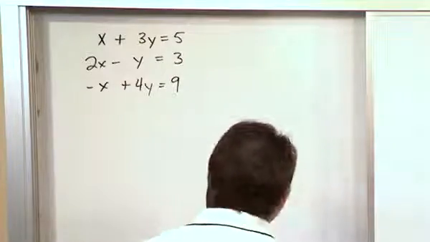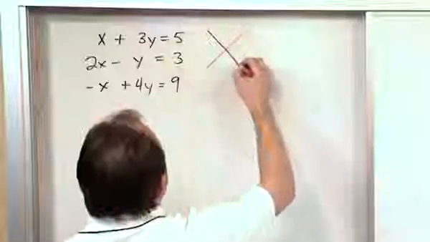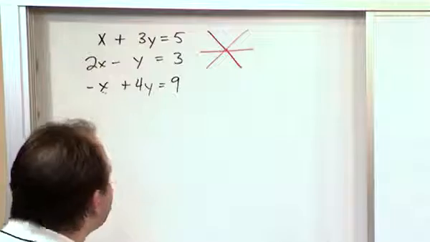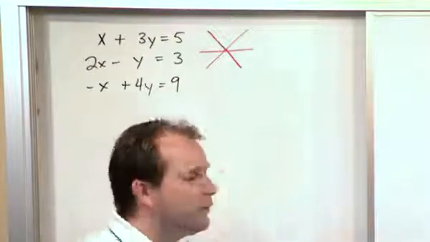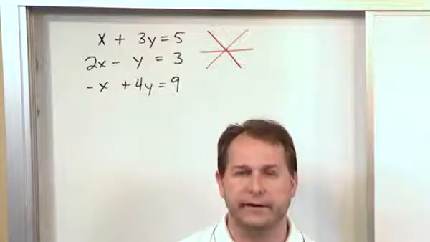Now, if when I plotted all three lines they crossed in a nice point right here, and this point is common to all three lines, then the xy value of this point is going to be the solution of the set of equations.